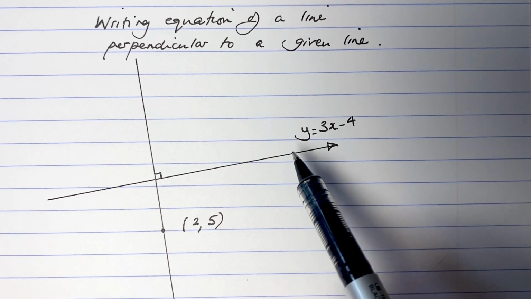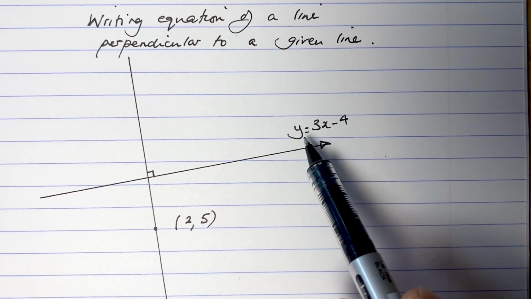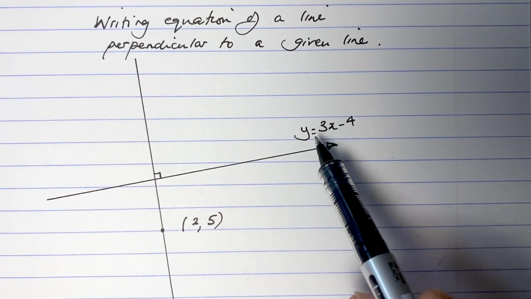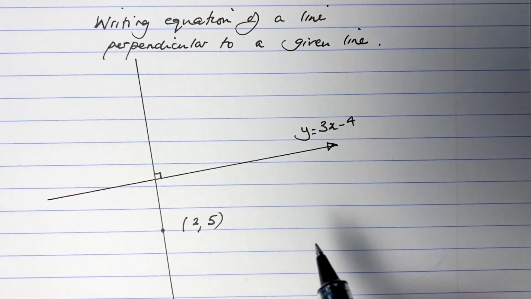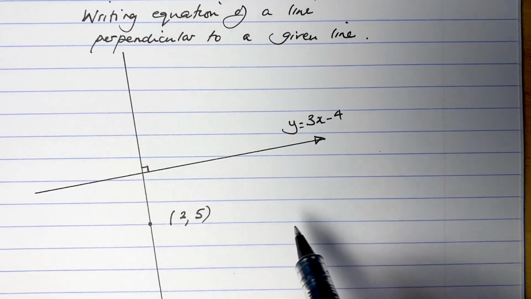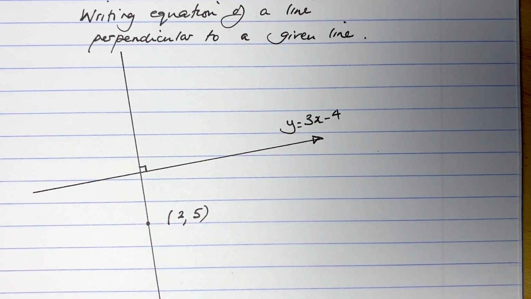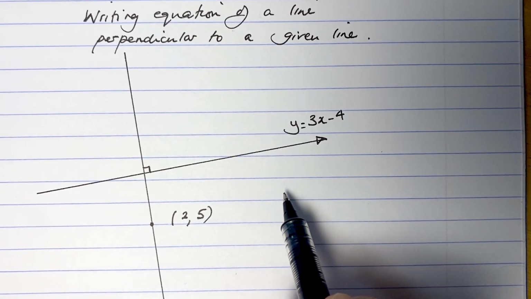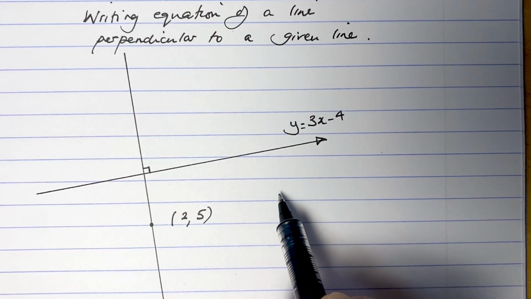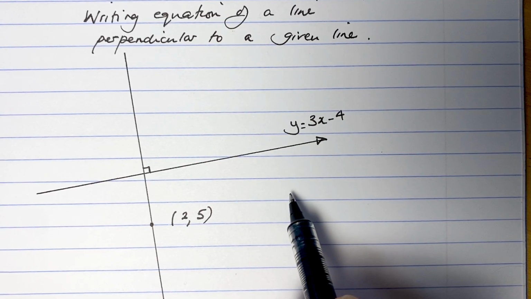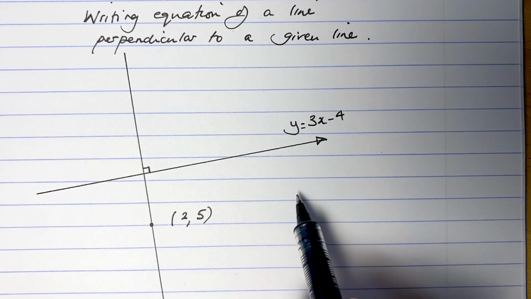In the last episode, I told you that when two lines are parallel, they have the same gradient. In perpendicular lines, the gradients multiply and must equal -1.